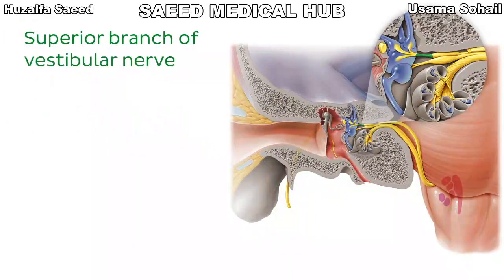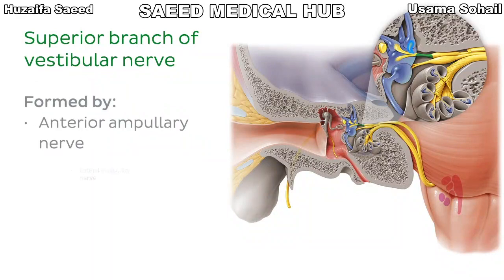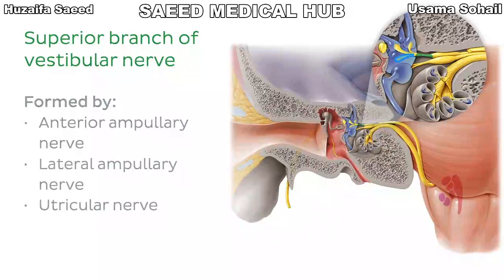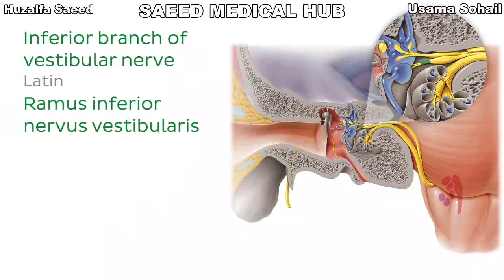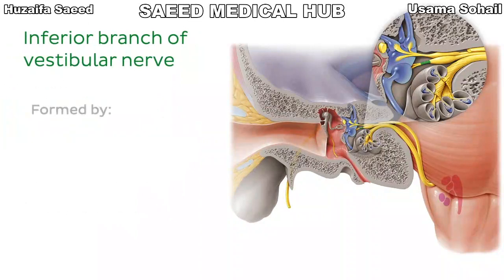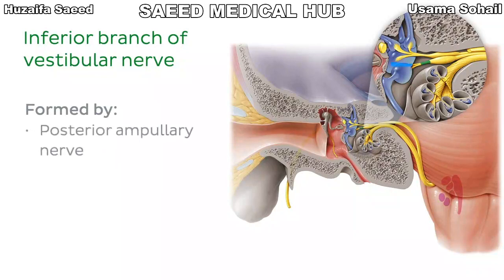And as you can see, the superior branch is formed by the junction of the anterior ampullary nerve, the lateral ampullary nerve, and the utricular nerve. The inferior branch, on the other hand, is formed by the contribution of 2 nerves, and these are the posterior ampullary nerve and the saccular nerve.